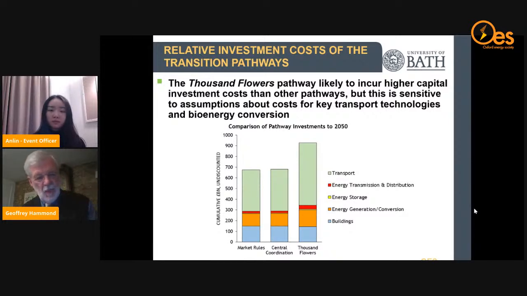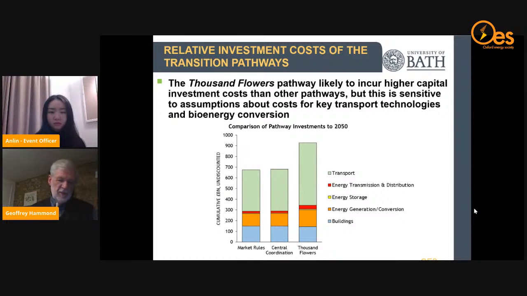Now, although it would appear at first glimpse that 1,000 flowers gives you lower environmental impact, and it gives you a distributed system, it gives more control of your energy sources to the consumer, as opposed to a centralized system. But there are some downsides. And a number of our colleagues looked at the investment costs associated with each of these pathways.